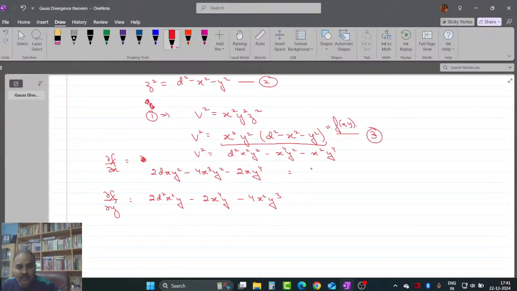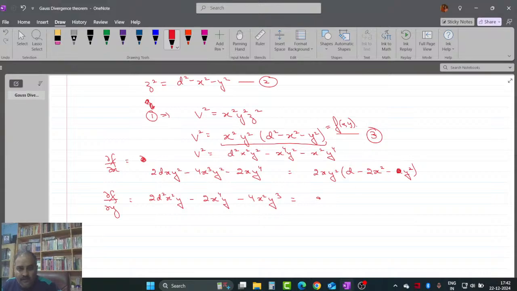If I take 2x y square common, it will be d square minus 2x square minus y square.